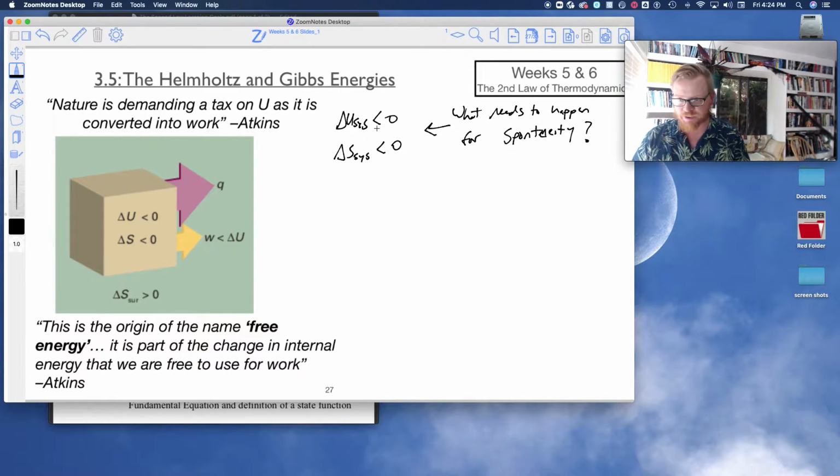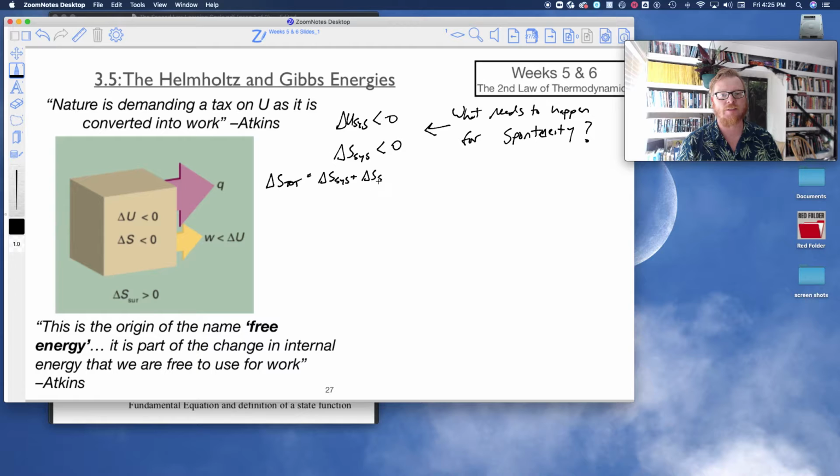If the internal energy of the system is decreasing, which is what we'd expect for spontaneity, but suppose that the entropy decreases, could this still be spontaneous? How would we do it? Okay? Well, one thing that we note is for all spontaneous processes, delta S total equals delta S system plus delta S surroundings, and that must be greater than 0 for this process to be spontaneous.